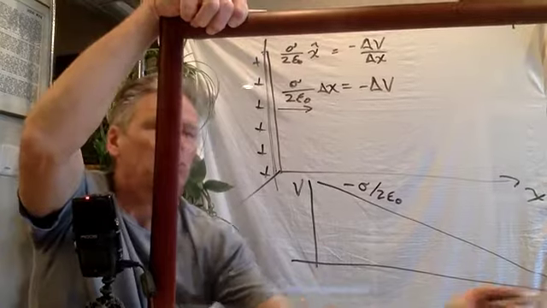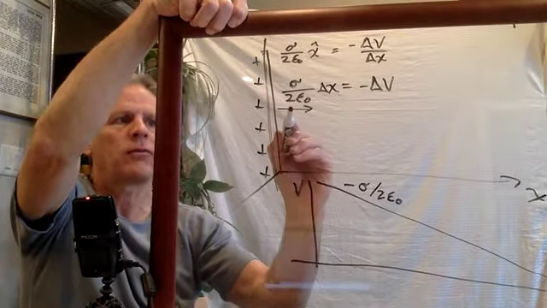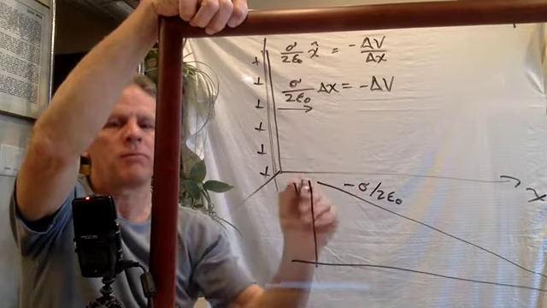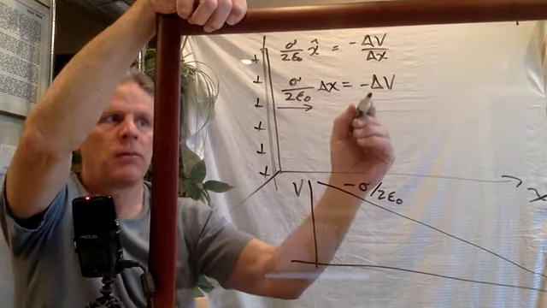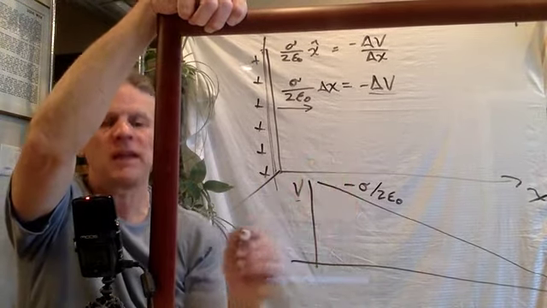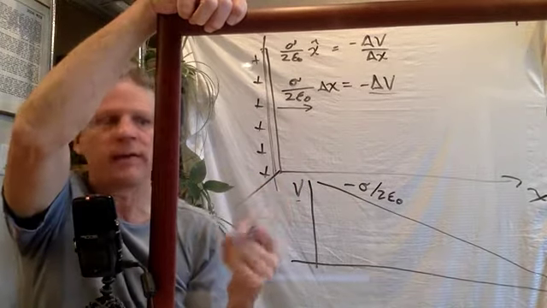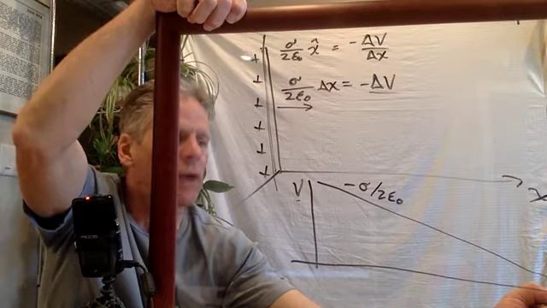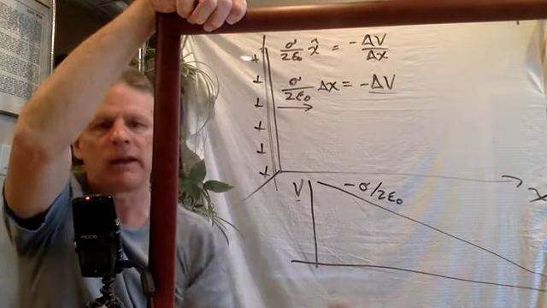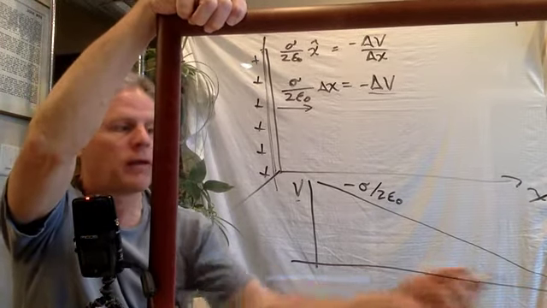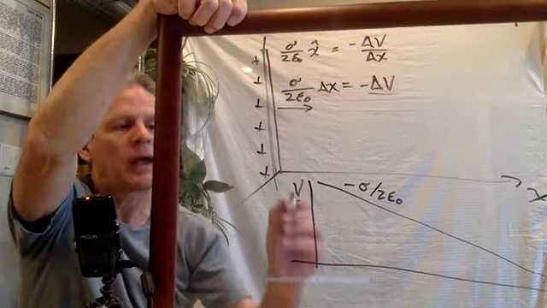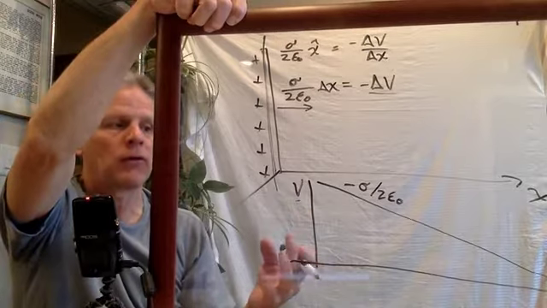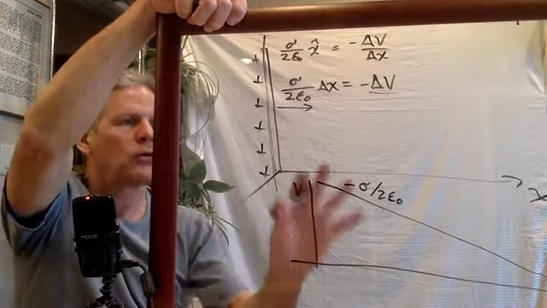You know in class that the delta V here, I've pulled a bit of a fast one on you because I changed from delta V to V. The way I did that is I said I'm going to make this equal to 0 way out here at x equals infinity. And as long as this is 0, I can now talk about V in absolute terms rather than in relative terms. So our voltage is that.